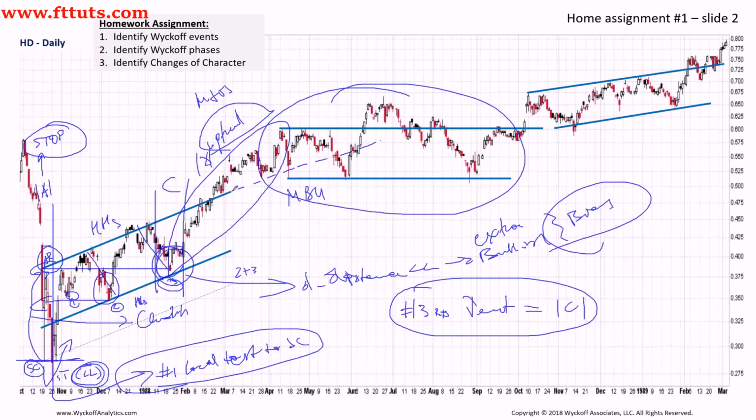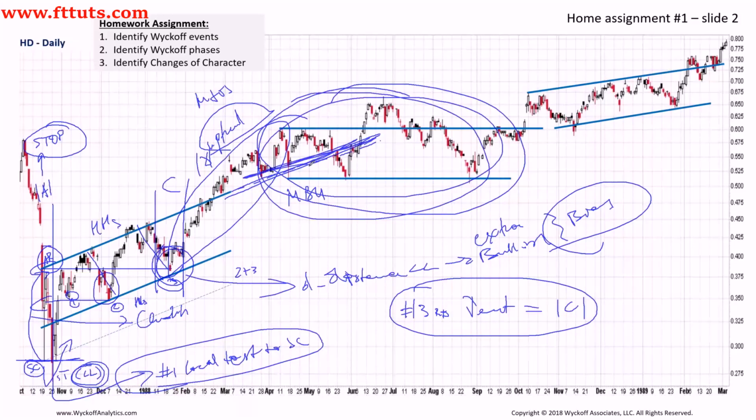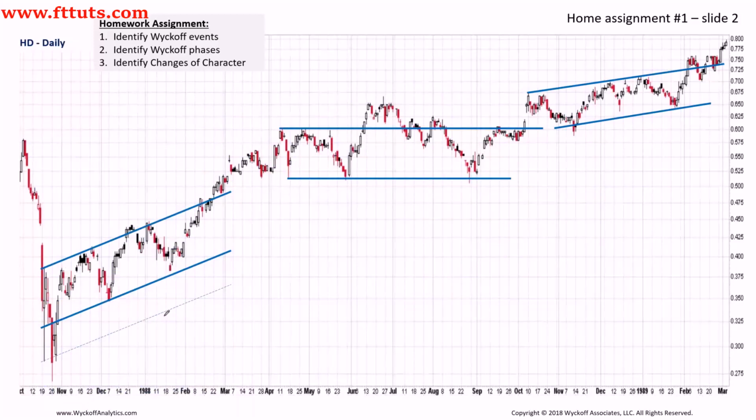Well, in this case, if we extend the resistance level, we could see how this formation is resting on the resistance level that is being projected as an upsloping resistance. So yes, this is a major backing up action that has its own trading range. Now, let's quickly talk about alternative labeling here.